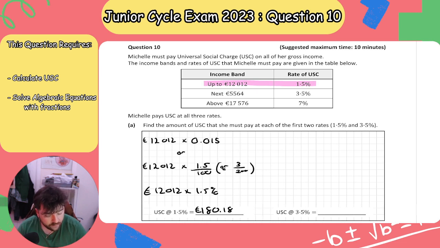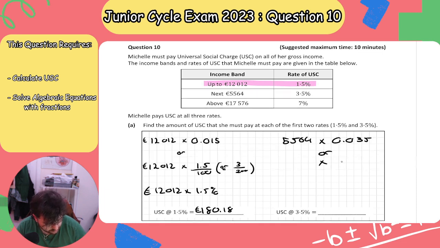So the following 5,564, she pays 3.5%. Same method here. I can multiply 5,564 by 3.5% written as a decimal, 0.035. Or I could multiply by 3.5 over 100, or 5,564 multiplied by 3.5% on my calculator.